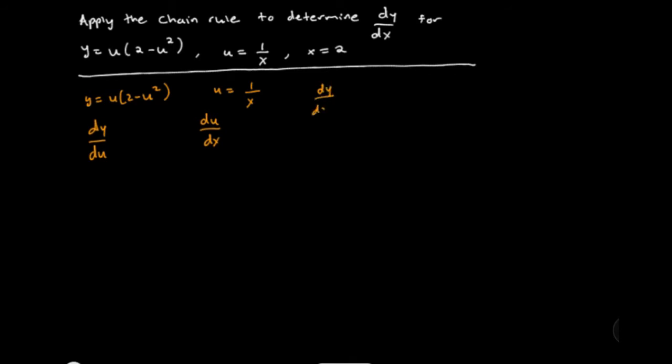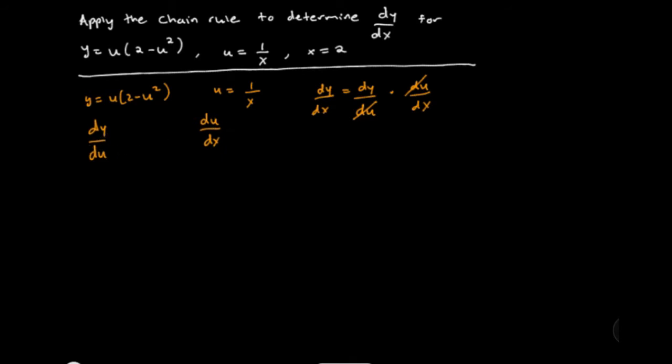Well, if you take dy over du and multiply it by du over dx, you can notice that the du's cancel out. So dy over dx is equal to the derivative of y with respect to u times the derivative of u with respect to x. Now, this basically shows us that we get dy over dx again. So I'm going to employ that.